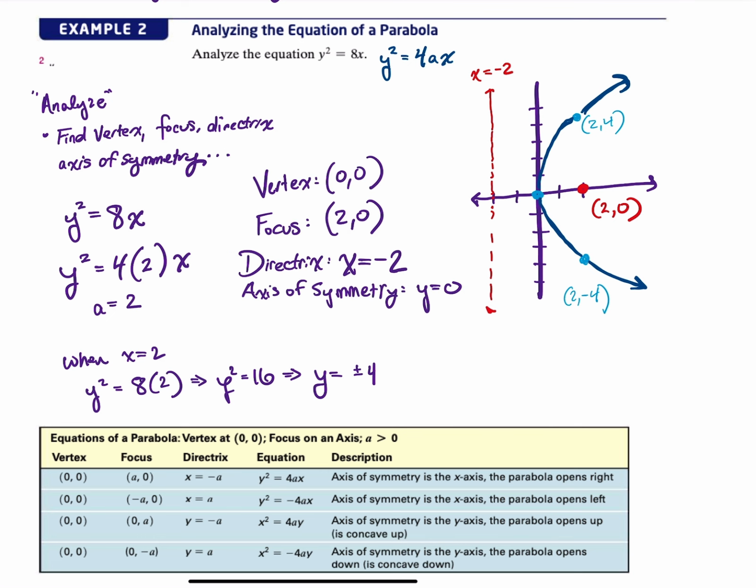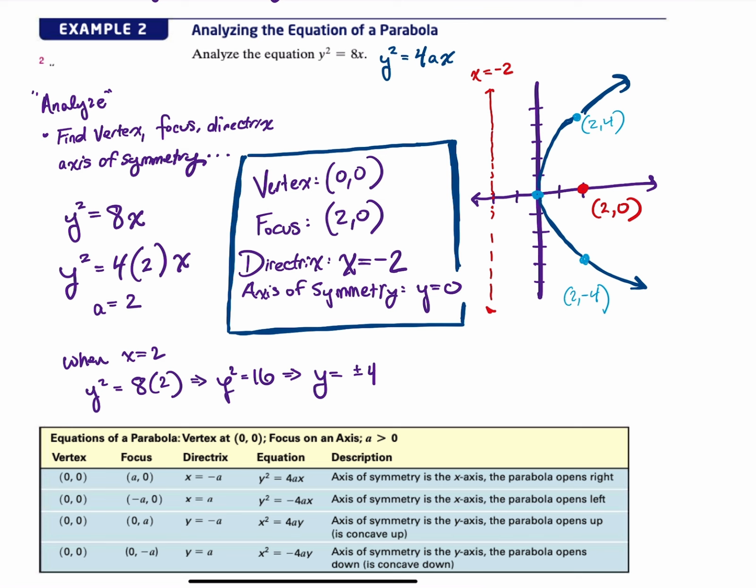So when asked to analyze, we're basically going to list all of the attributes. The vertex, the focus, the directrix, maybe the axis of symmetry if they ask, and possibly some additional points on the graph. And then we have a graph of the parabola.